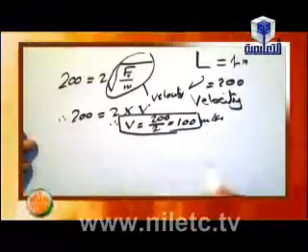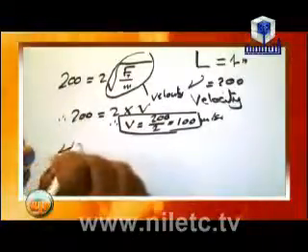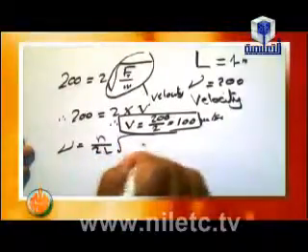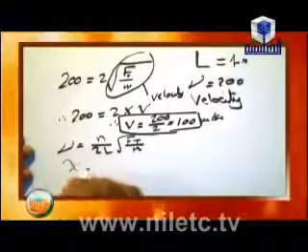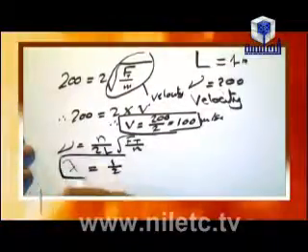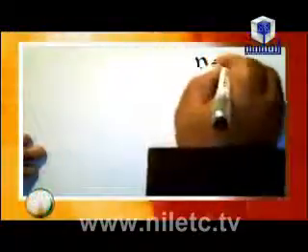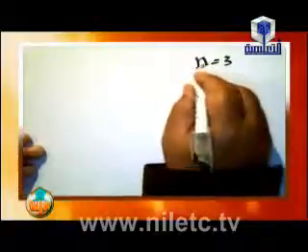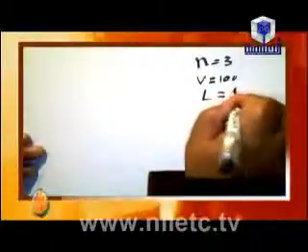And after this, we want to find the wavelength. From the equation, we know that nu equals n over 2L root ft over m, so the wavelength equals 1 over 2, which means half a meter. And third, the frequency of the second overtone. For the second overtone, n equals 3, the velocity equals 100, and the length is 1 meter.